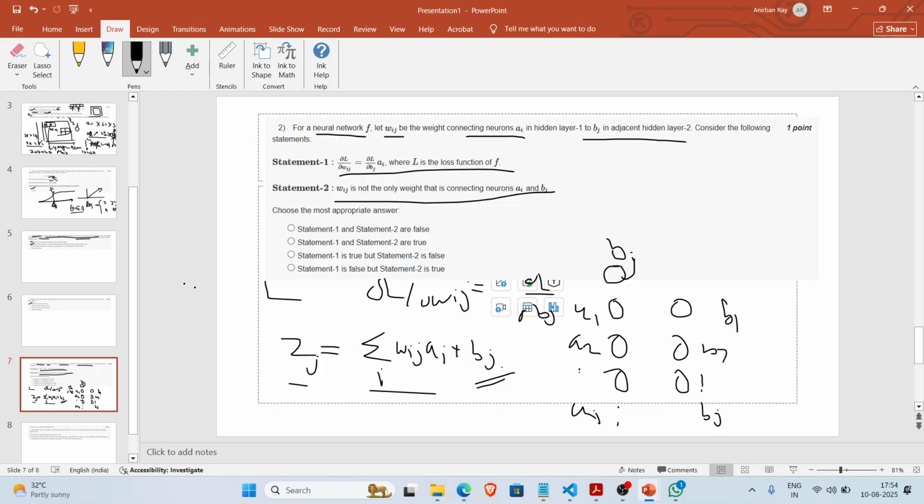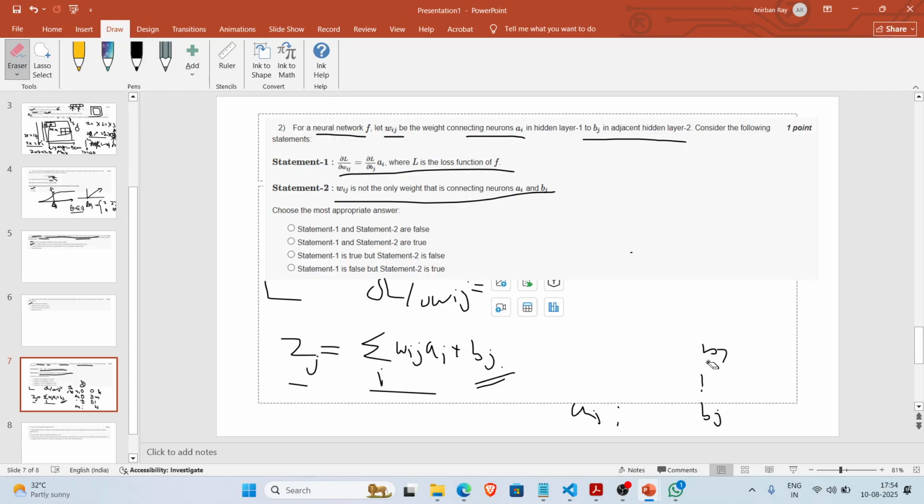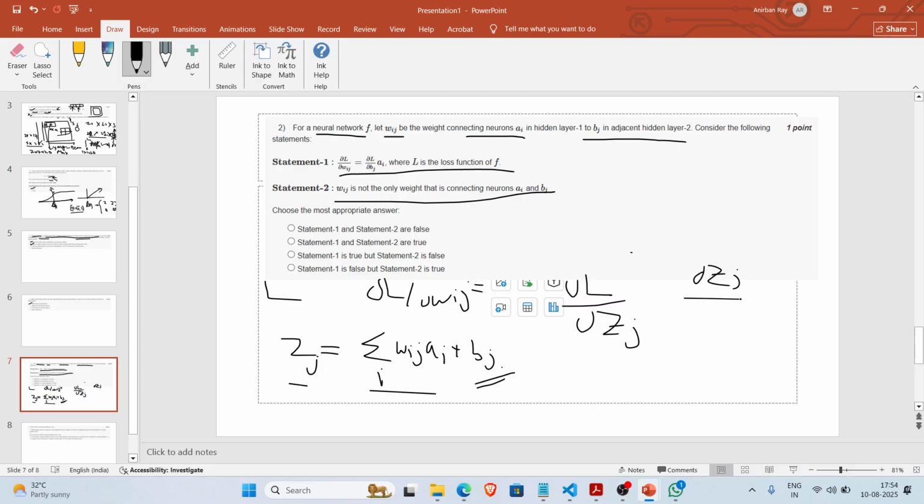Let me remove this one first. The derivative with respect to Zj is easier to calculate, because using the chain rule, first we'll do it with respect to Zj, then del Zj by del Wij.